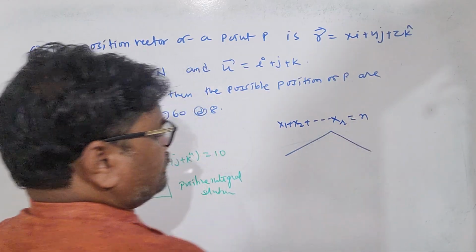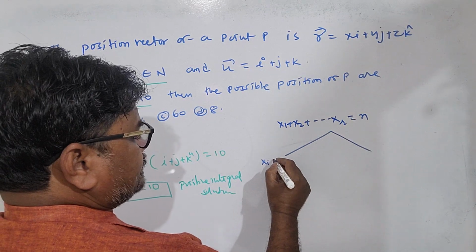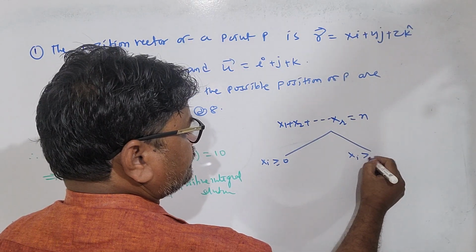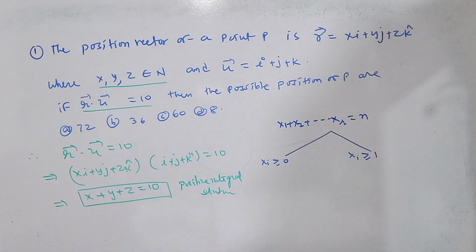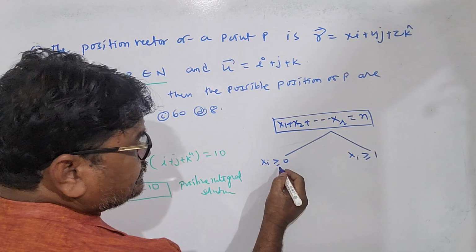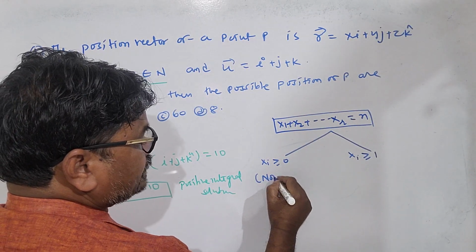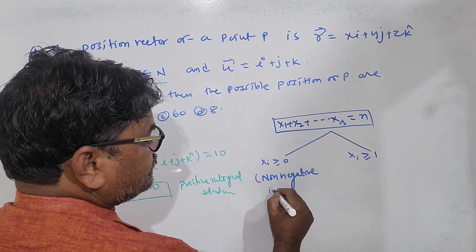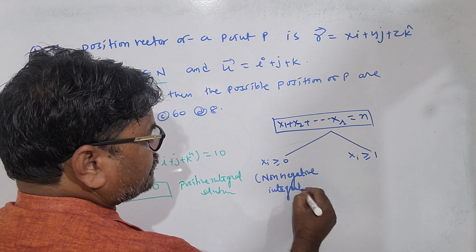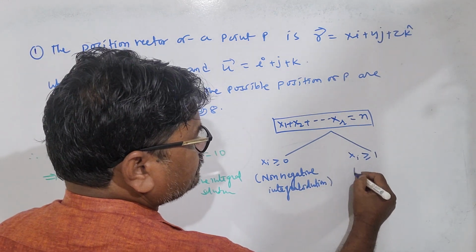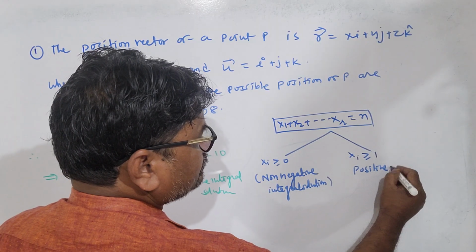So if xi is greater than or equal to 0, or xi is greater than or equal to 1, there are two varieties of questions we can find the solution of this equation for. Xi greater than or equal to 0 means non-negative integral solutions, and xi greater than or equal to 1 means positive integral solutions.